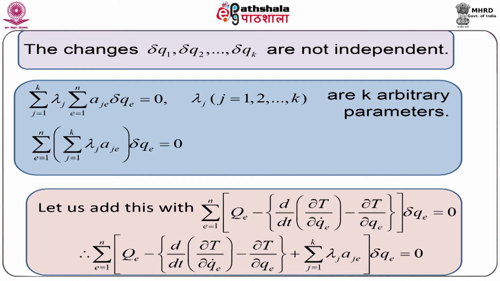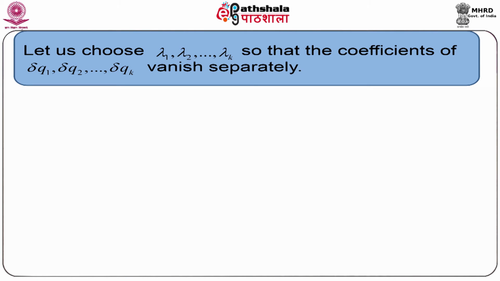Q_e is the generalized force associated with the generalized coordinate q_e. q_e dot is the generalized velocity. t is the time. Lambda_j are the parameters. We have already mentioned it. Let us choose the parameters lambda 1, lambda 2 up to lambda k, so that the coefficients of the changes delta q1, delta q2 up to delta qk vanish separately.